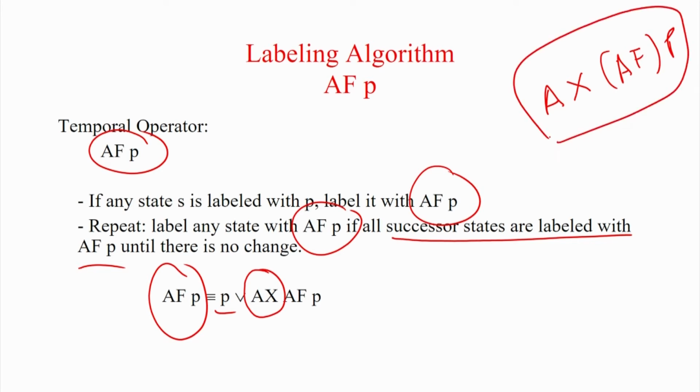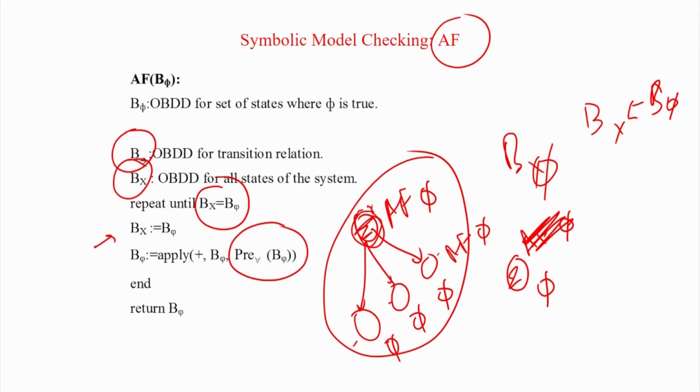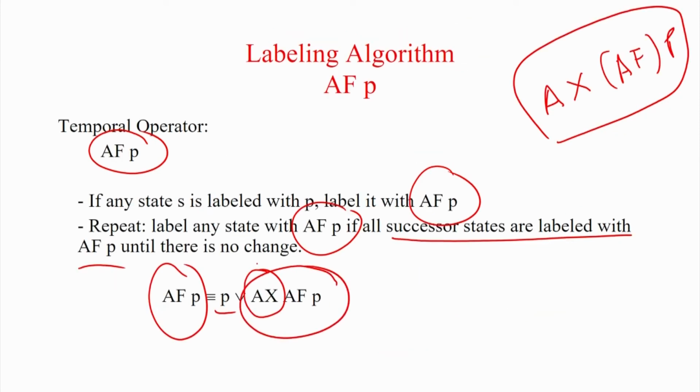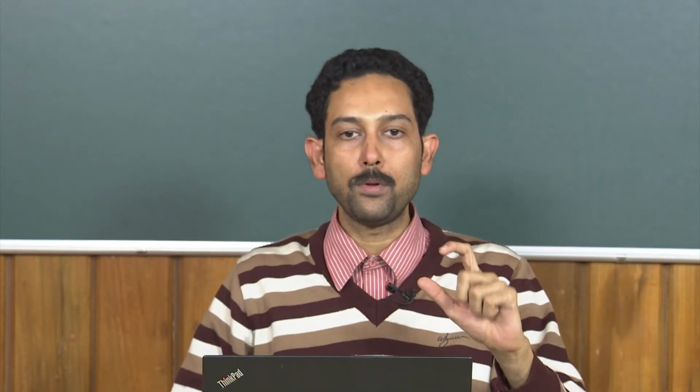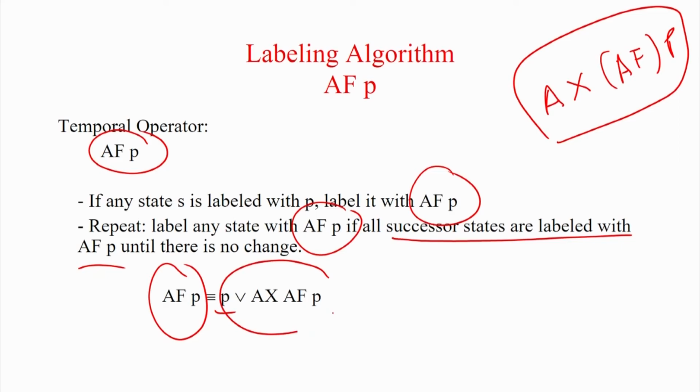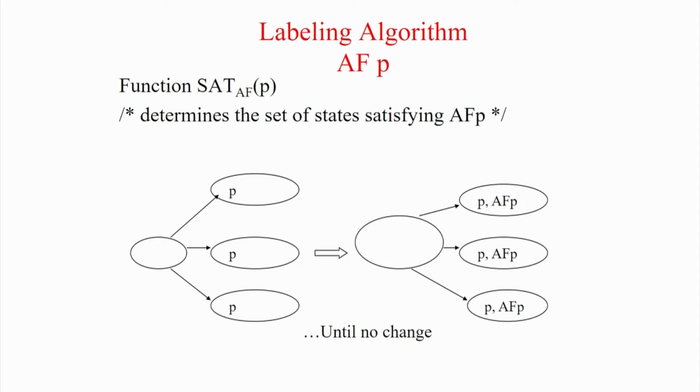This part of the formula corresponds to the states where phi is true, and this part corresponds to the fact that there is a state from which in all paths phi is going to be true in the next state, correct. This one we already discussed in the initial lecture, so you can just recollect it. So this is the formula, and now just pictorially representing.